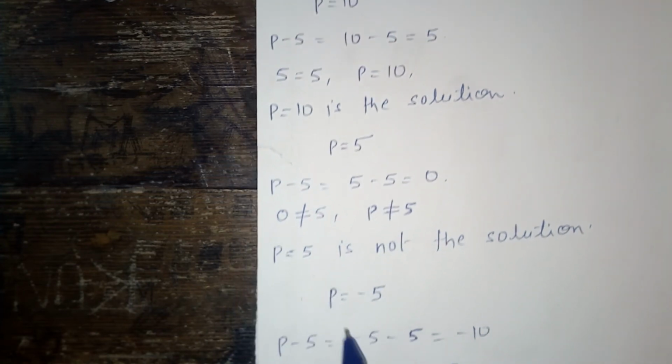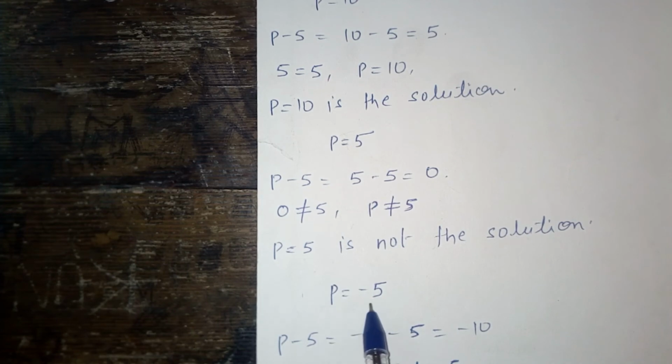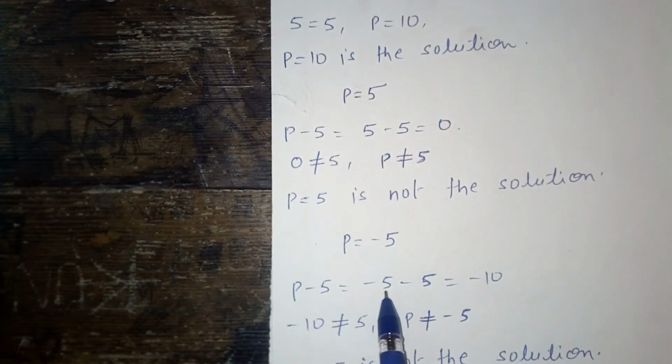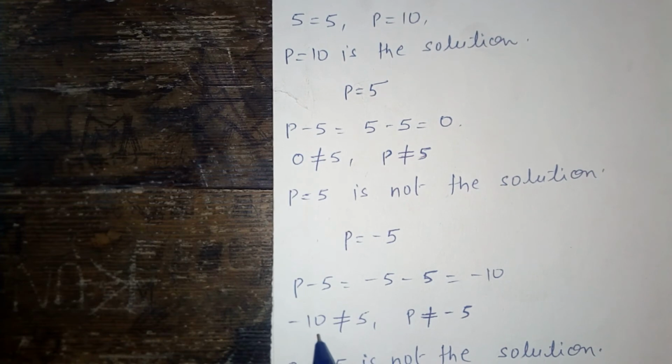Again, p is equal to minus 5. We will check p is equal to minus 5 for this question, right or wrong. So p minus 5 means, in place of p we will write minus 5. Minus 5 minus 5 will give you minus 10, and minus 10 is not equal to 5.